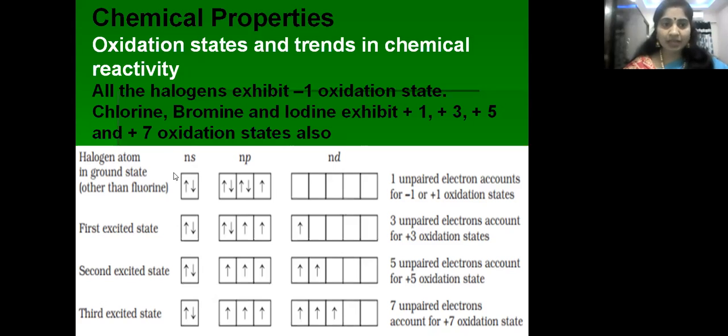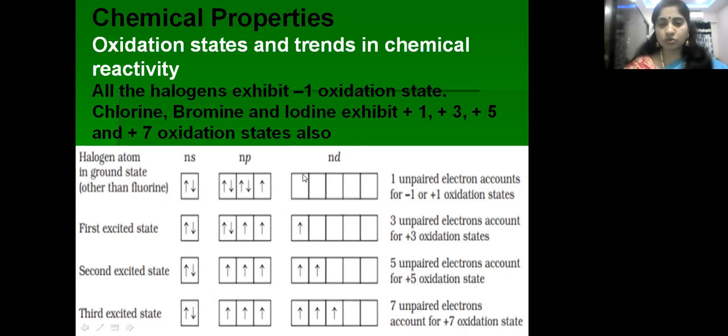Now you can see here, this is the ground state, ns2 np5, meaning 2 electrons are present in s orbital and 5 electrons are present in p orbital, right children? So it shows that one unpaired electron is present. One unpaired electron represents that they can show -1 oxidation state and a +1 oxidation state.